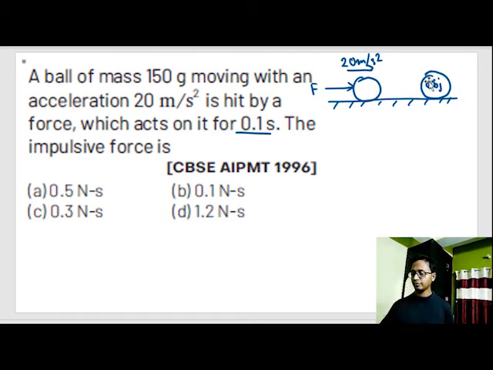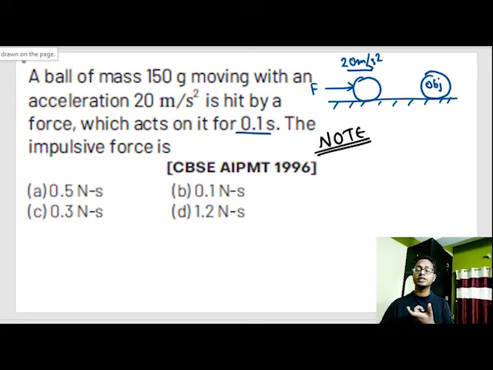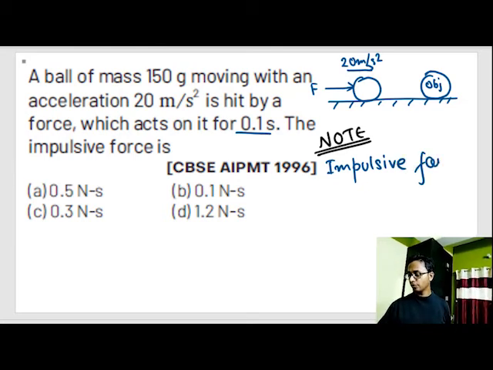So before writing the impulsive force, write down a note. Impulsive force is also called impulse.